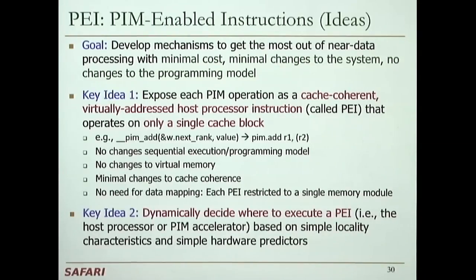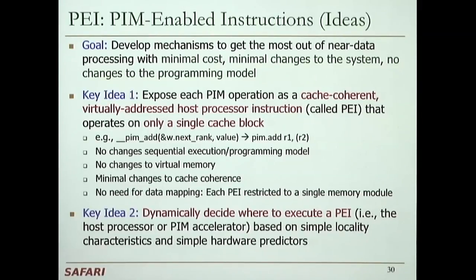And the second idea is, where do you execute this instruction now, right? You have this instruction that the processor fetched. It says it is PIM-enabled. You could execute it in memory, or you could decide to execute it in the processor. And the idea over here is to have a simple locality predictor that says, oh, it's better to execute it here in the processor or there in memory.